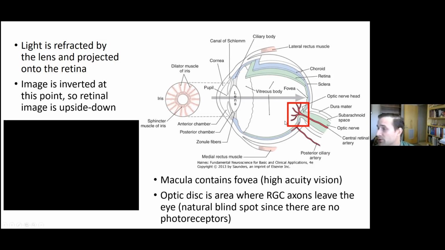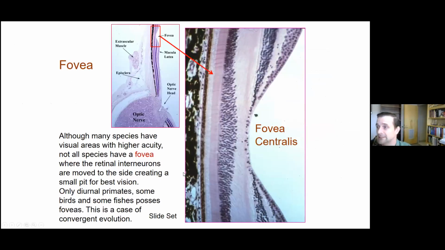So all those processes, fibers, collect in that area, and there are no photoreceptor cells there. Because there are no photoreceptor cells there, you cannot detect anything in that area. And so that's why you have the blind spot.